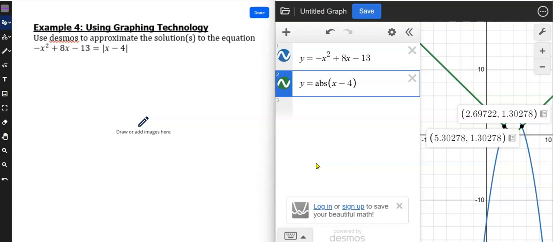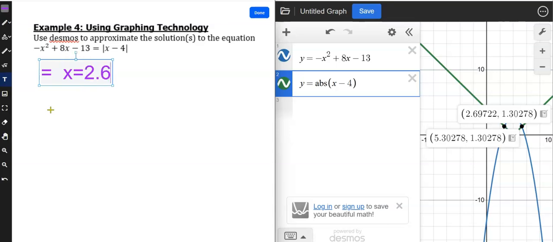I'm going to change the question just for fun. If we just do the equal to part, then obviously my answers are going to be x equals 2.69722 and 5.30278.